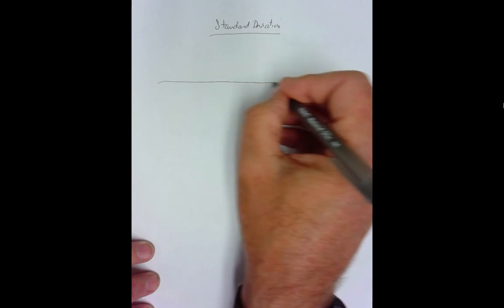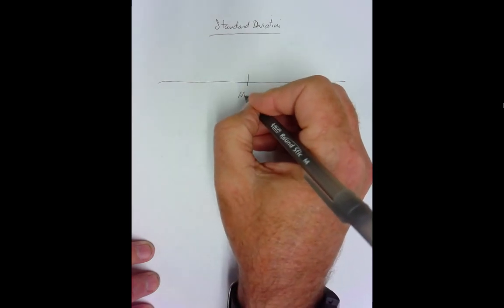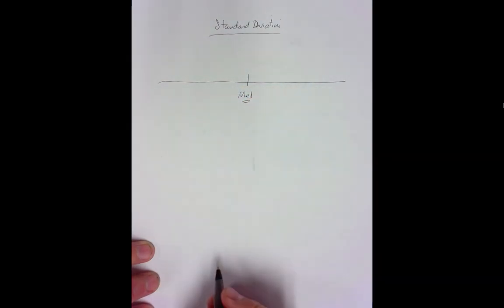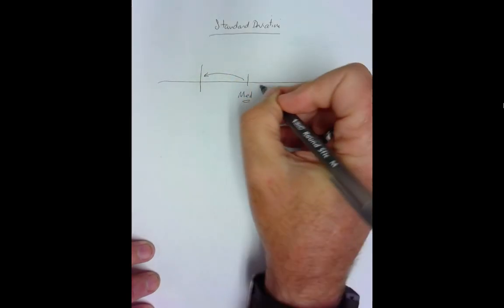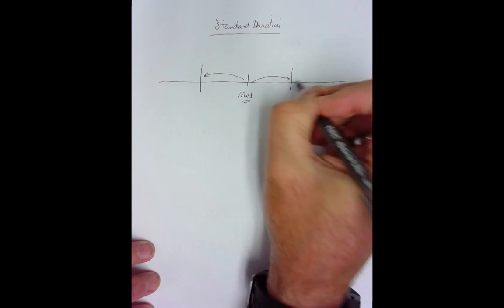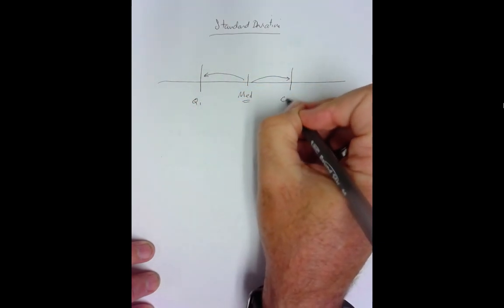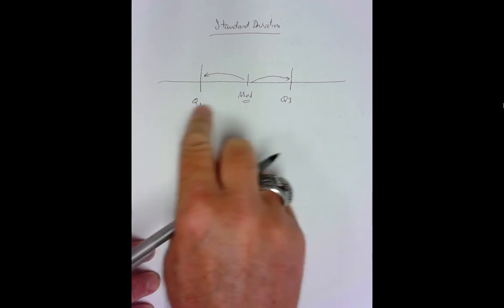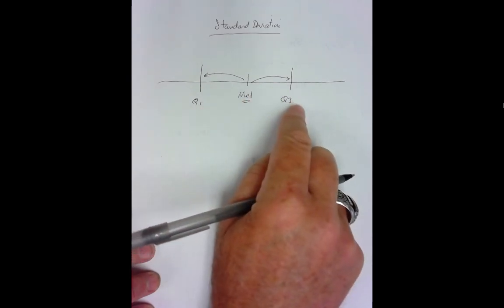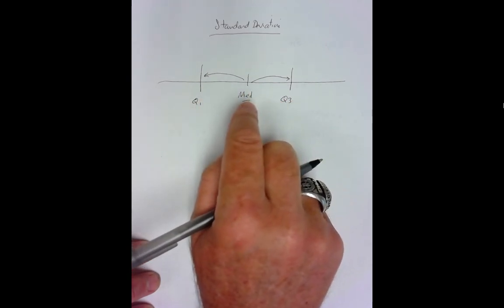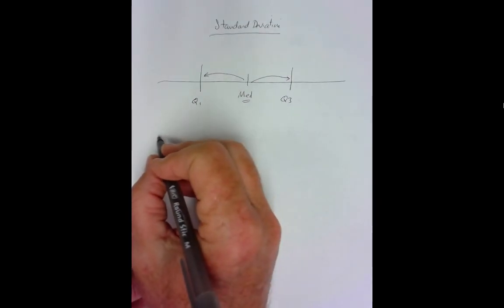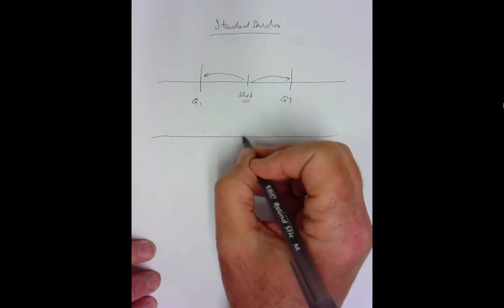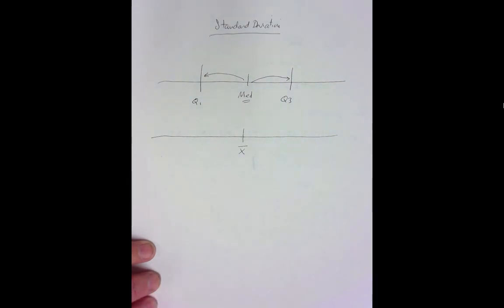What statisticians saw is that, well, if I have my data and I can find the median, I can get kind of an indication of spread around the median by finding Q1 and Q3, and if I subtract those, I get the IQR, so it gives me an idea of a spread around the median. But they wanted also to be able to find a spread around the mean. And they thought, well, how are we going to do that?